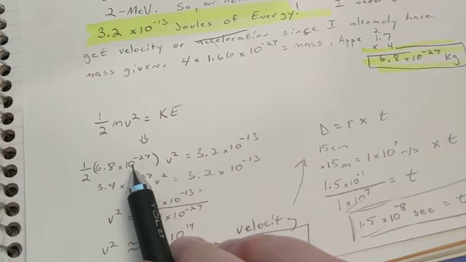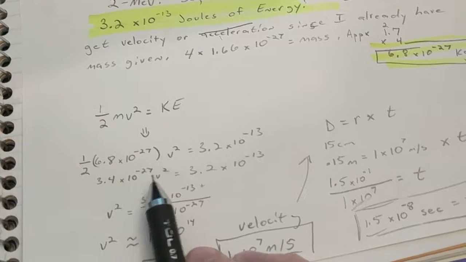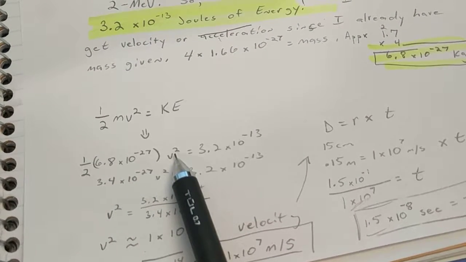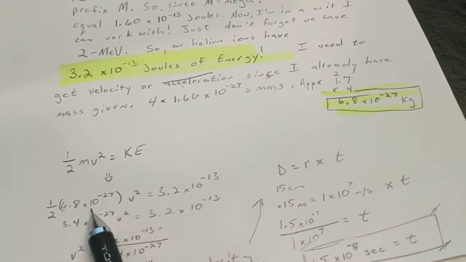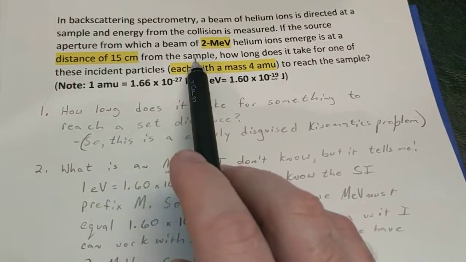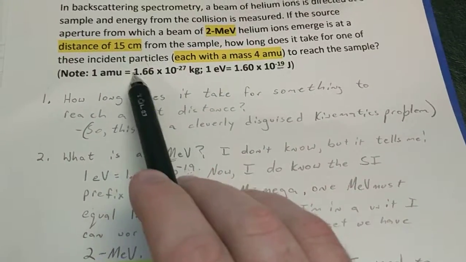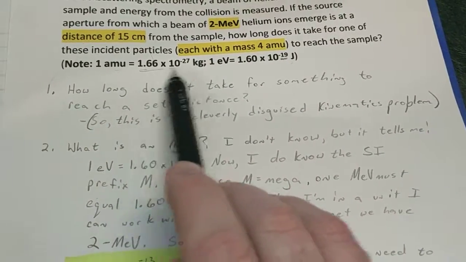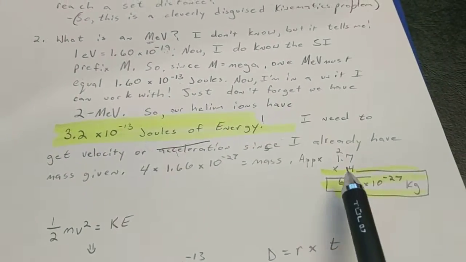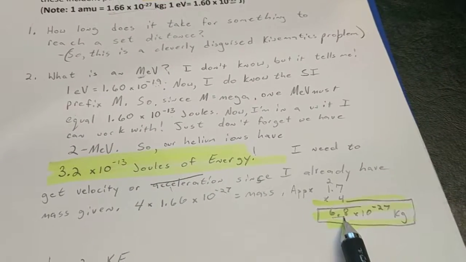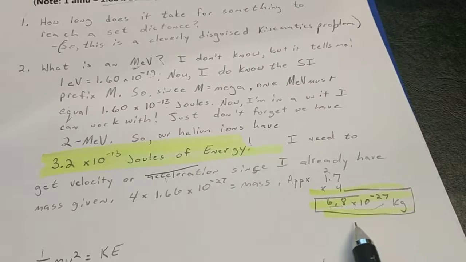If I do this math, and this is done by hand and just estimating, I'm able to take the 1/2 mv squared. We know what the mass is, right? It tells us the mass as well. Up here it tells us that each of these is 4 AMUs, and it tells us how many kilograms 1 AMU is. So we just take this number, multiply it by 4, and I didn't even take that number. I did 1.7, multiplied it by 4, so I rounded. I got 6.8 times 10 to the negative 27th.